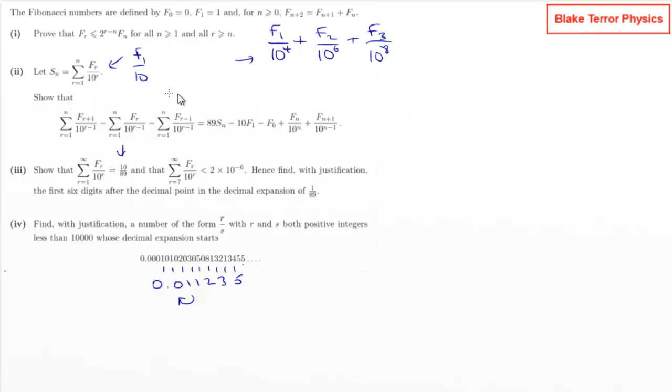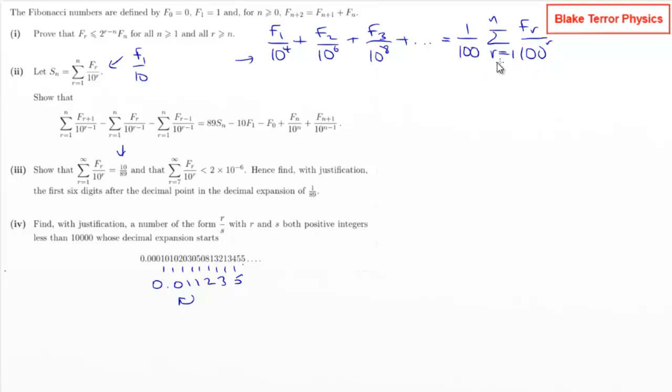Whereas now we've got this thing. If I was making these 100s on the bottom, that's going to be 1 over 100 times the sum of r equals 1 to n of Fr over 100 to the r.